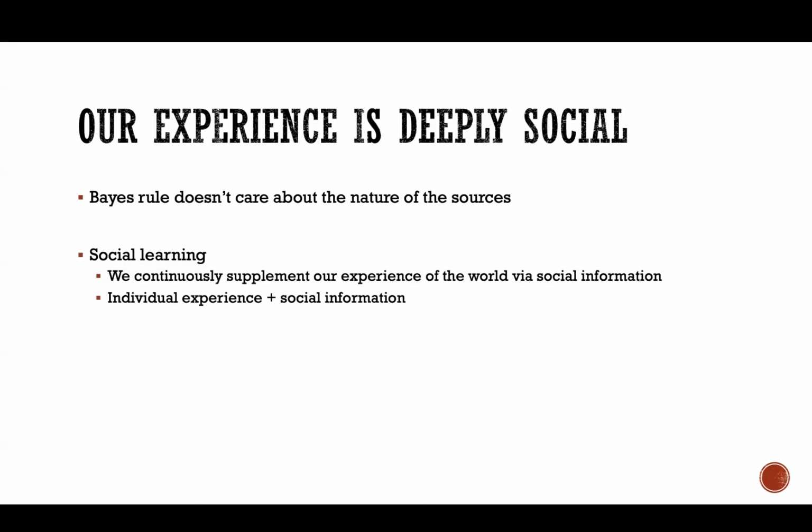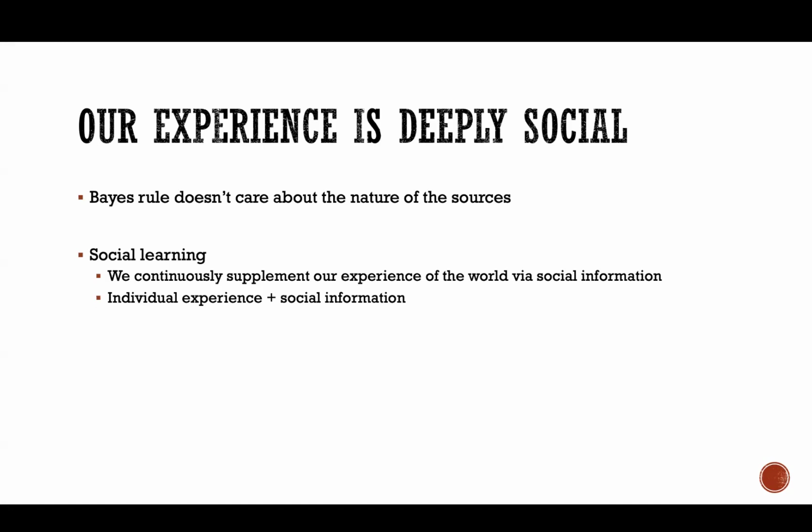So the idea is that just like we can generalize from prior and likelihood to a multiplicity of sensory modalities, we can also use it to describe other aspects of our experience, which is the fact that we are deeply social beings. So, as I said, Bayes' rule doesn't really care about the nature of the sources.